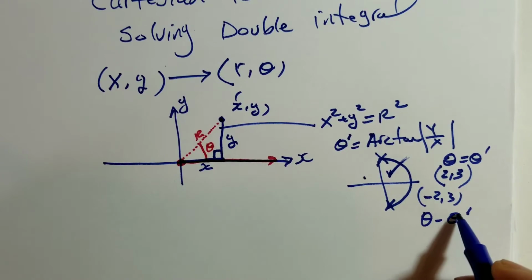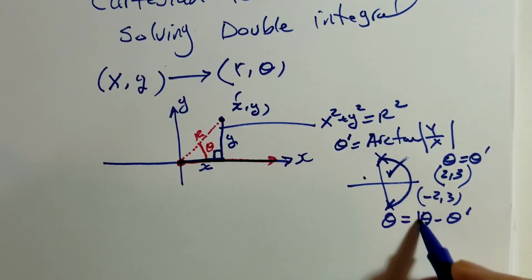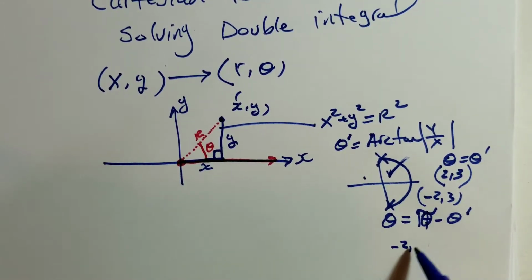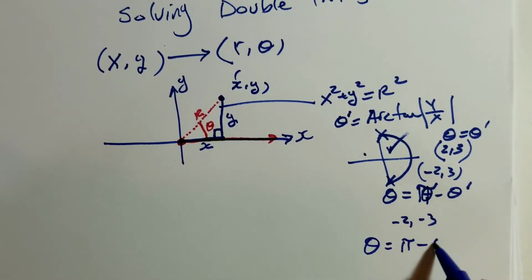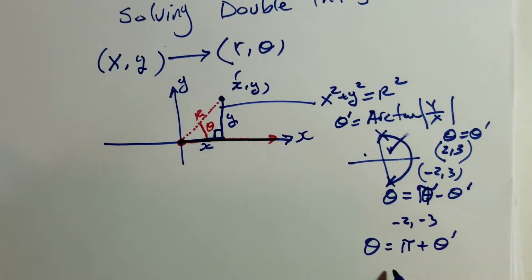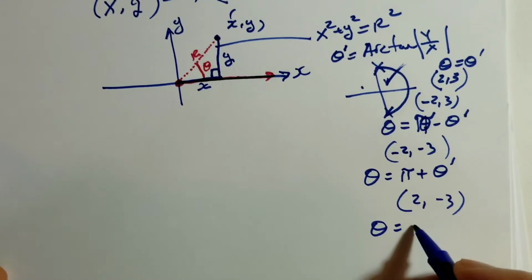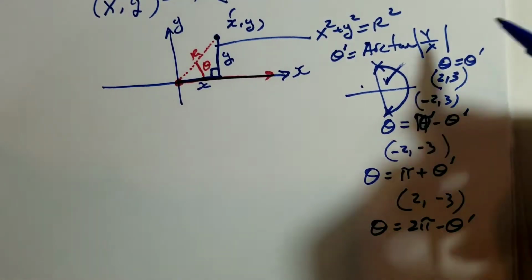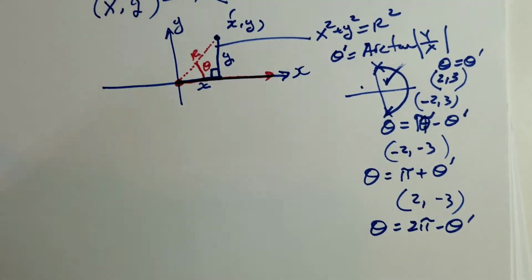In the second quadrant, theta is equal to pi minus theta prime. In the third quadrant, your angle would become pi plus the reference. And in the fourth quadrant, where x is positive but y is negative, your theta is always going to be 2 pi minus the reference. Therefore, when you do arctangent, you have to find the reference and apply one of these methods.